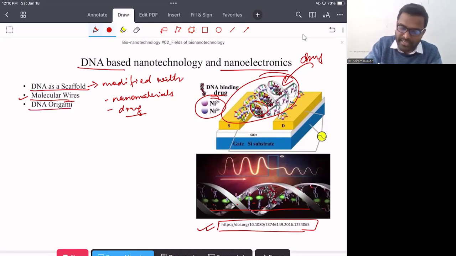And again, the shape and size of the DNA give an important advantage in the development of nanoelectronics. So these are the important areas of research based on DNA.